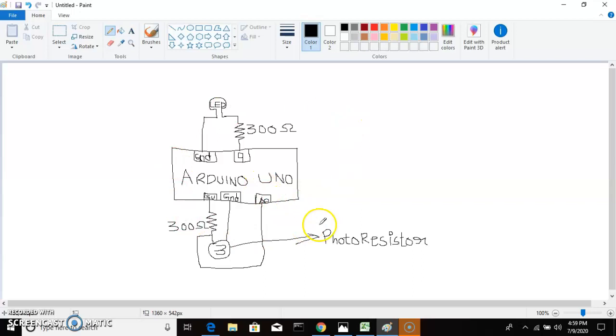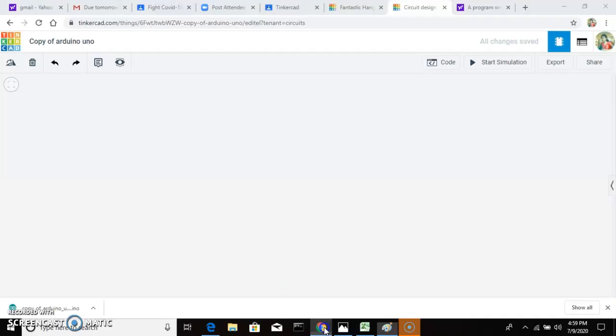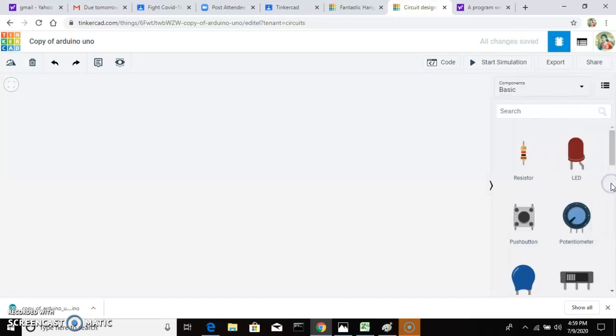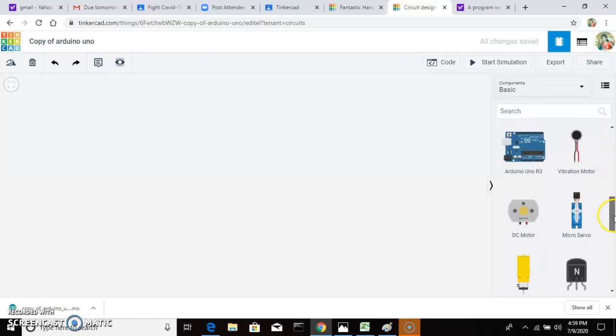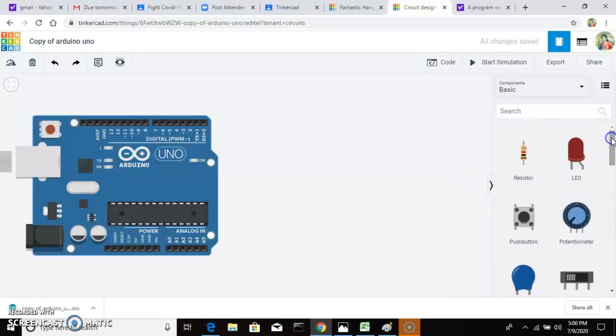So this is the circuit to design. We'll design the circuit in Tinkercad. So first we have to take the Arduino Uno board, and next an LED.